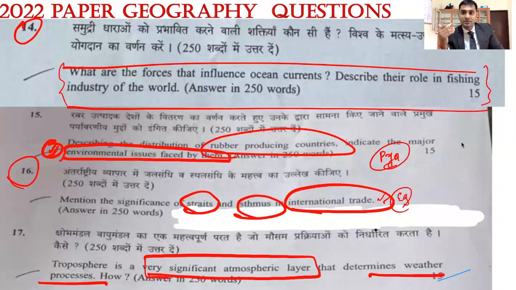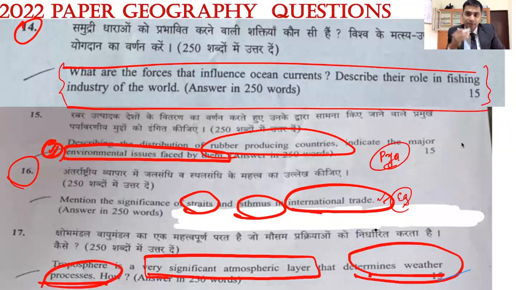We study various spheres of the Earth: troposphere, stratosphere, mesosphere, thermosphere, and we study the characteristics of the troposphere. But how it determines the weather process is something you have to derive. Most probably it is a subjective analysis. How it helps in bringing rains, how it helps in regulating sunlight, you have to write about this.